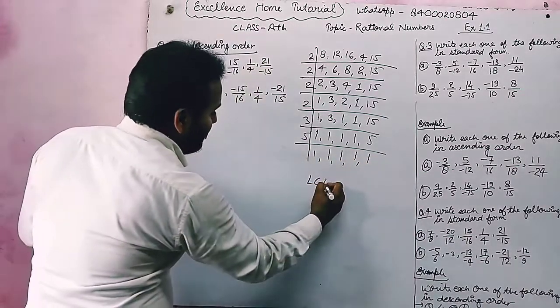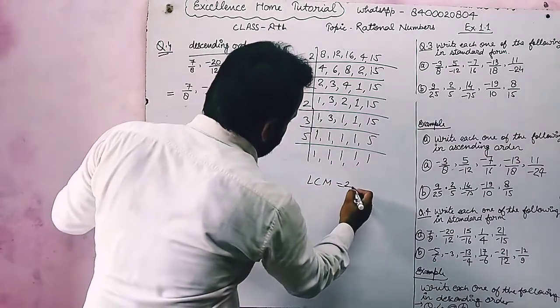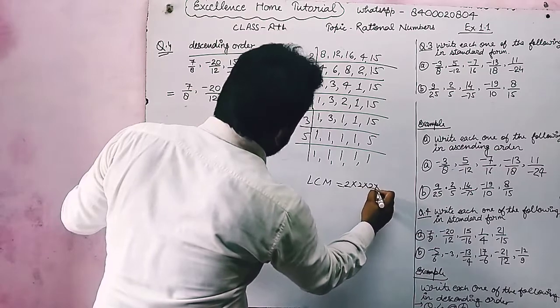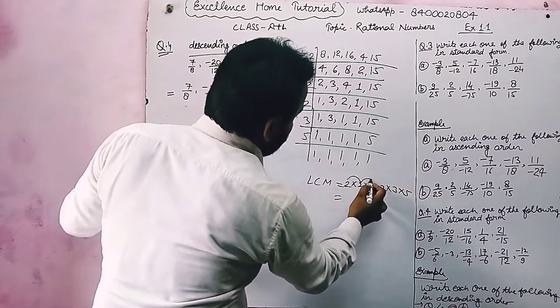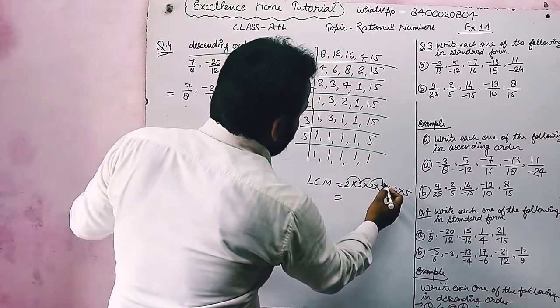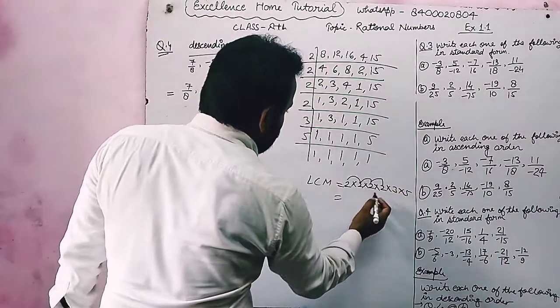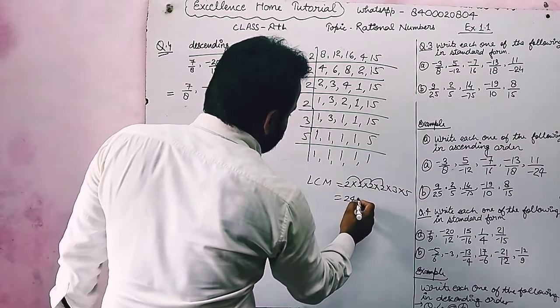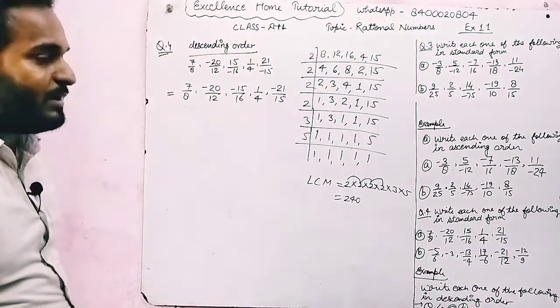So the LCM is 2 into 2 into 2 into 2, 2 four times, and 3 into 5. 2 twos are 4, 2 fours are 8, 2 eights are 16, 16 times 5 is 80, 80 times 3 is 240. This is the LCM of all denominators.